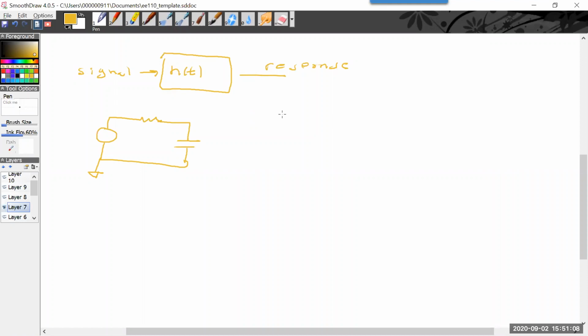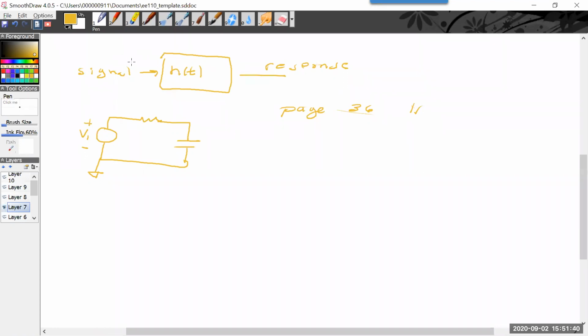Now, if you look on page 36 of the text, there's 11 equations it takes to come up with the impulse response of that circuit.